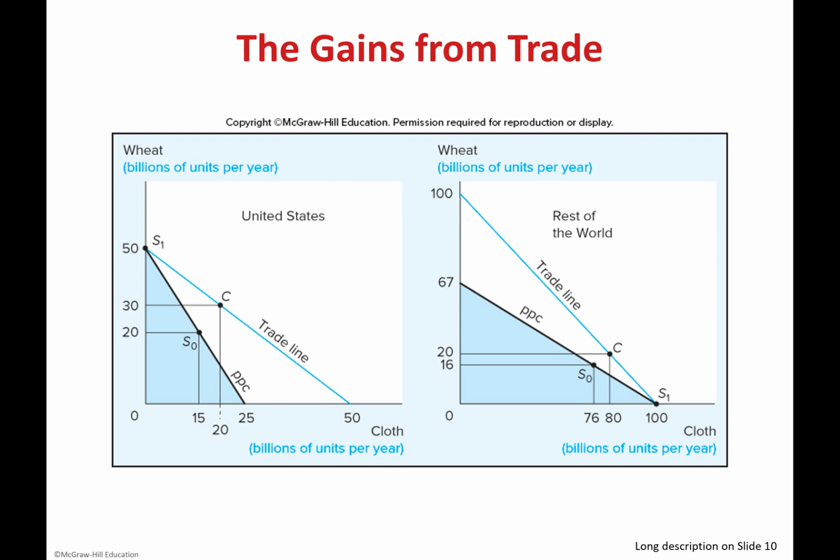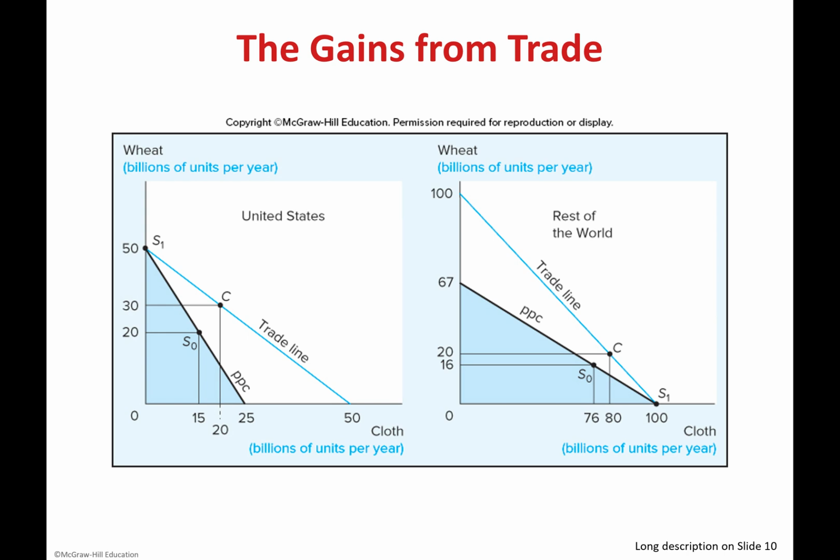Now, obviously, the opposite will apply to the US. The US gives up a greater amount of wheat to produce a unit of cloth. Therefore, it will give up less cloth to produce a unit of wheat. It would only give up half if we turn that the other way around. So instead of a slope of 2, we take 1 over the slope to give us a half, if we're measuring in terms of wheat.